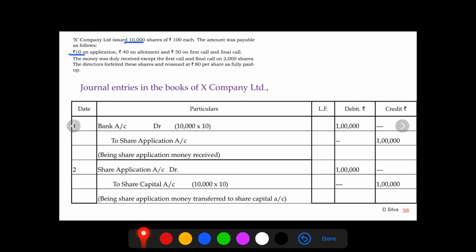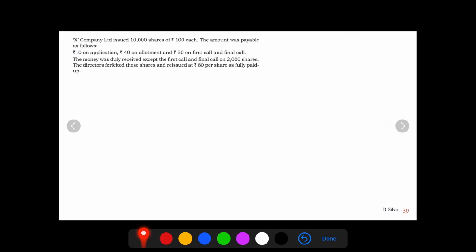The next journal entry is for the transfer of share application to share capital account. Share application account debit to share capital account. Again, the money that is being received on application is what is now being transferred. So on 10,000 shares, rupees 10 on application, 1 lakh is being debited and credited.